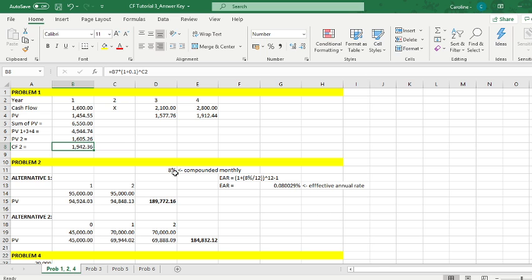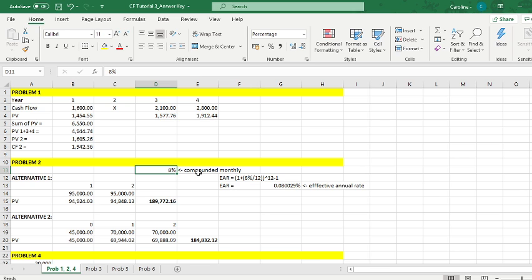The interest rate is 8%, which is compounded monthly, and this 8% needs to be converted to an annual rate. So 8% is the interest rate for the year, but it is compounded monthly.